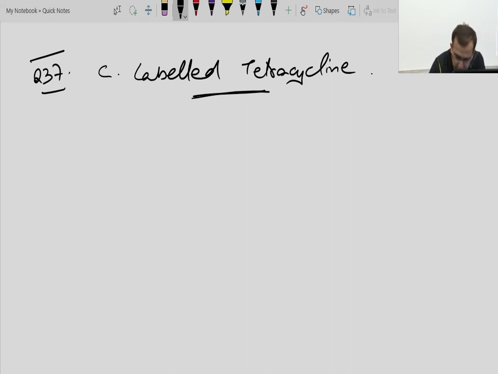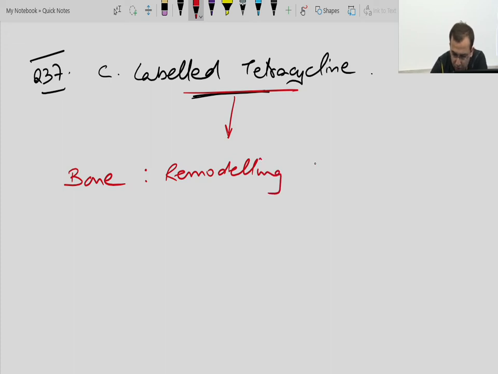Starting with labeled tetracycline, let us see the features. Bone has a unique feature: remodeling can be quantified. Guys, just give us 1 second.